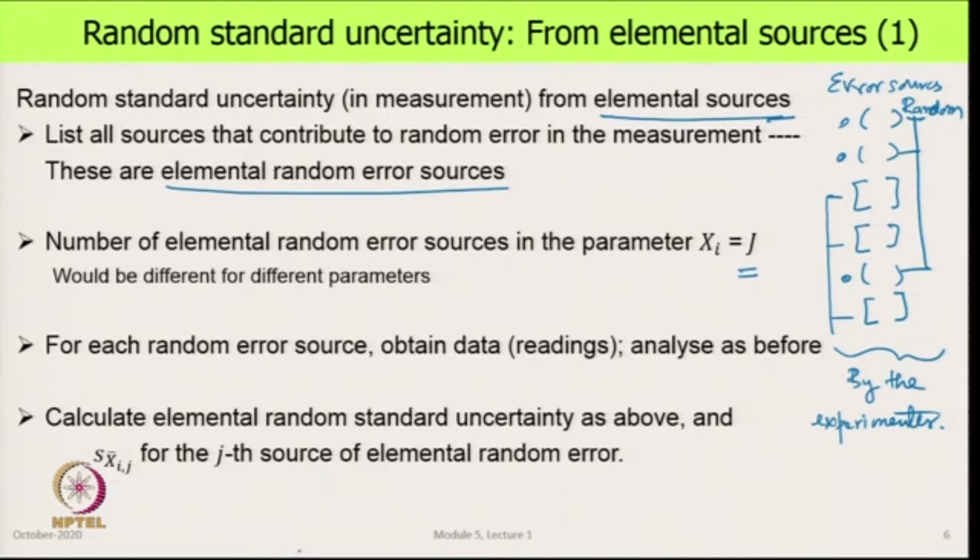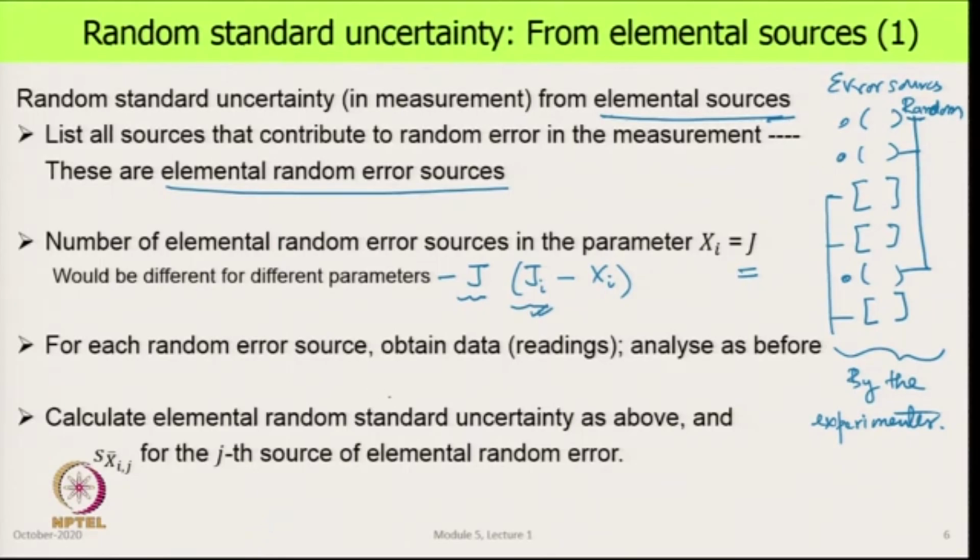So, for different parameters we could have different numbers of random error sources, which means that j would technically be j i, for variable xi and like that. For simplicity, instead of ji, I have just kept it as j. Rigorously, this is what should have been done.